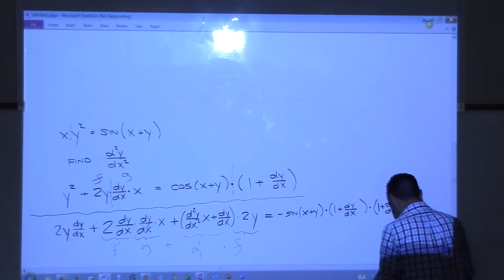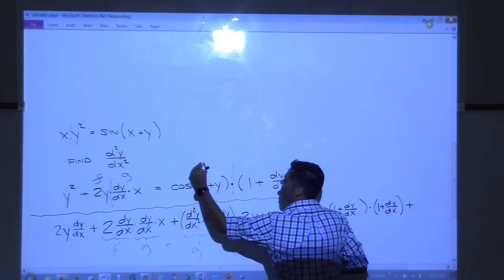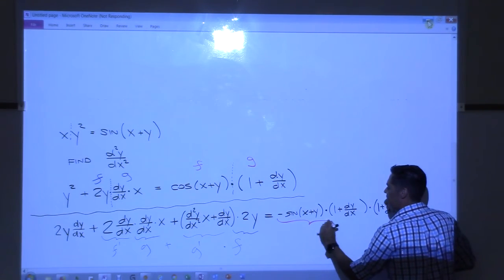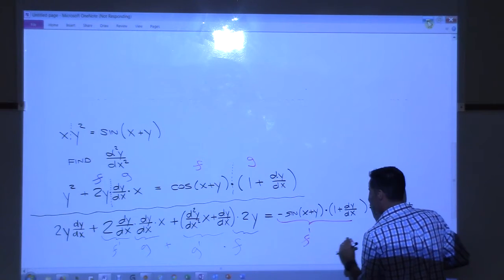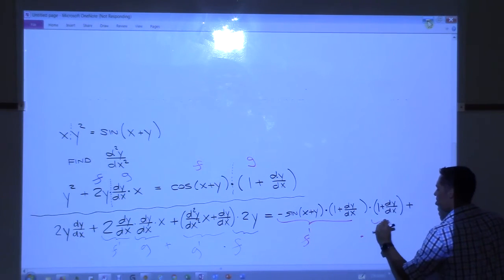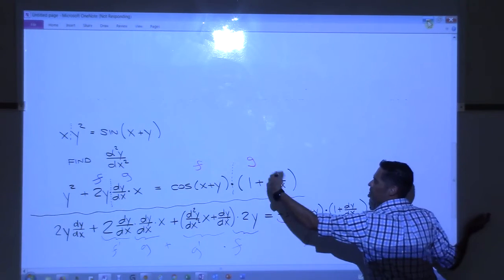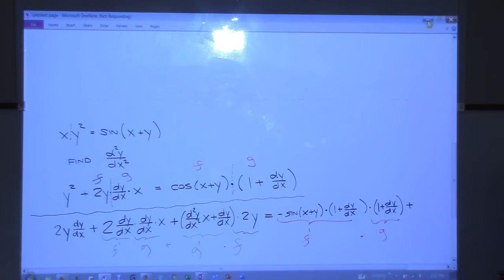you feeling a little overwhelmed? So this is like our new F and our new G. This right here is F prime times this one, which is G. And then we do plus, what's G prime? So what's the derivative of this with respect to x? Yeah, just the second derivative.